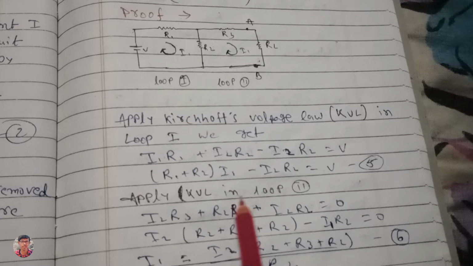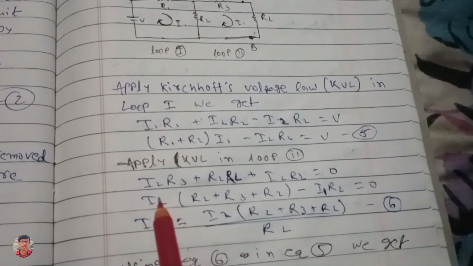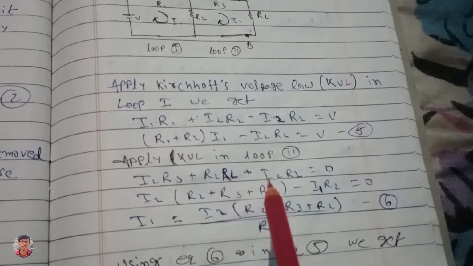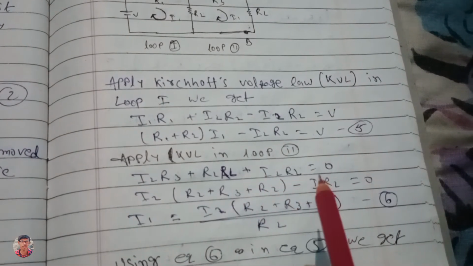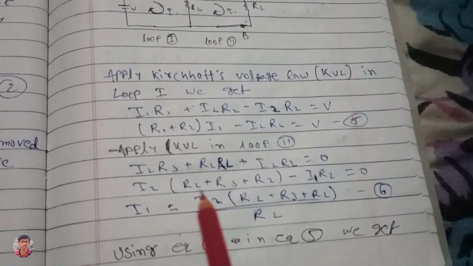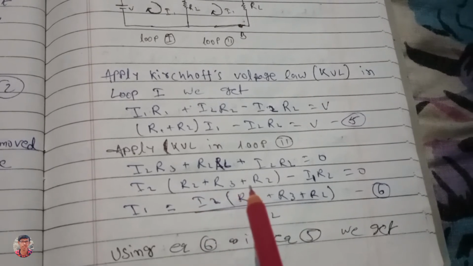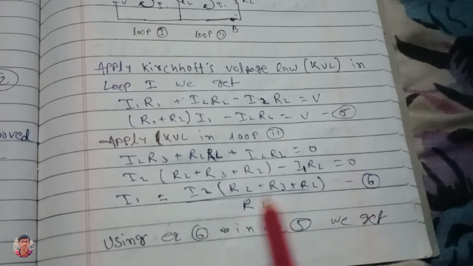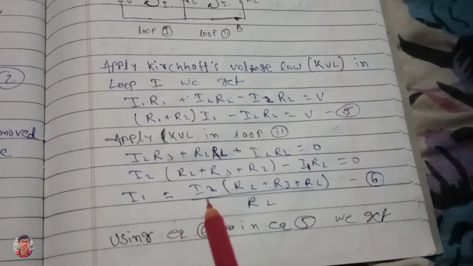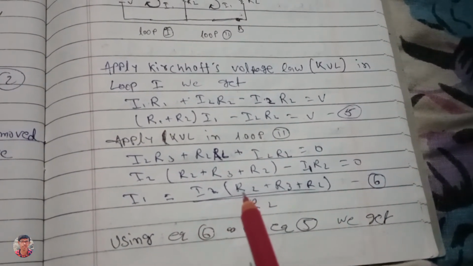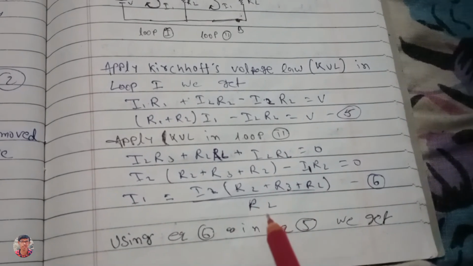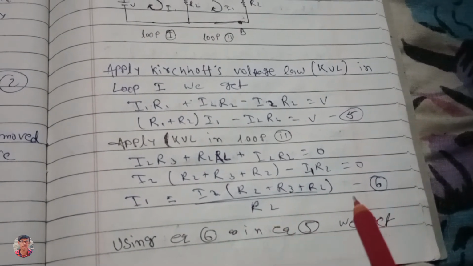Apply KVL in loop 2: I2 R3 plus R2 RL plus I2 R2 equal to 0, I2 R2 plus R3 plus R2 bracket by I1 R2 equal to 0, I1 equal to I2 R2 plus R3 plus RL bracket by RL. Equation 6.